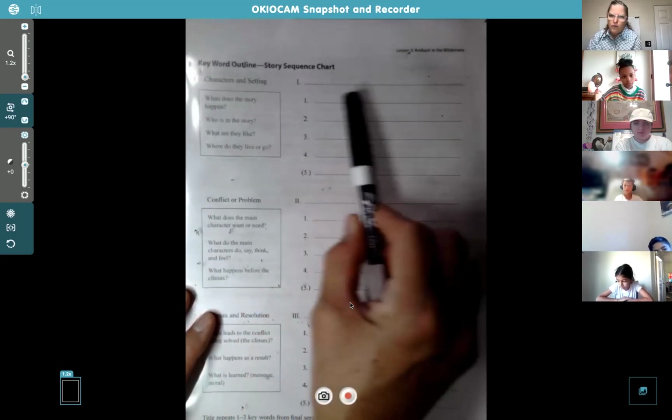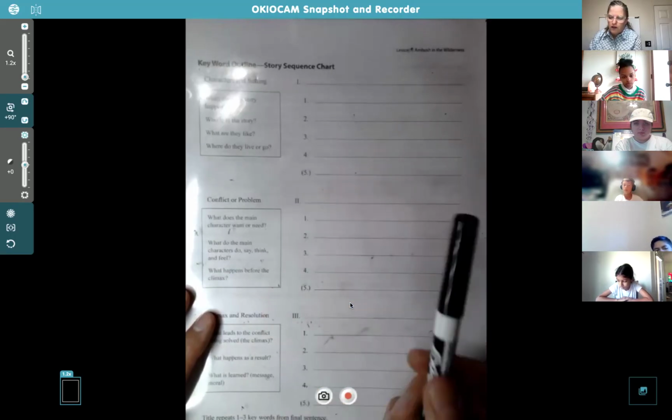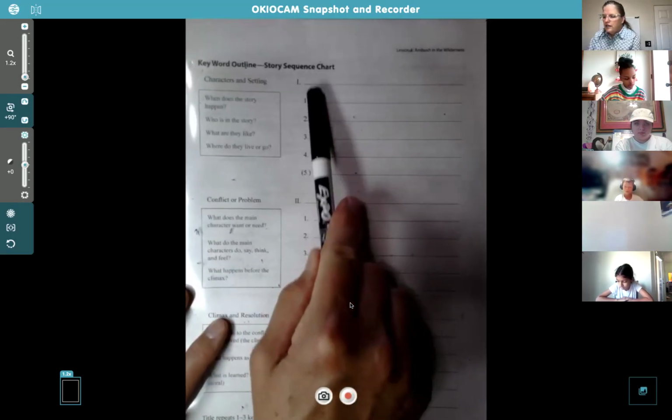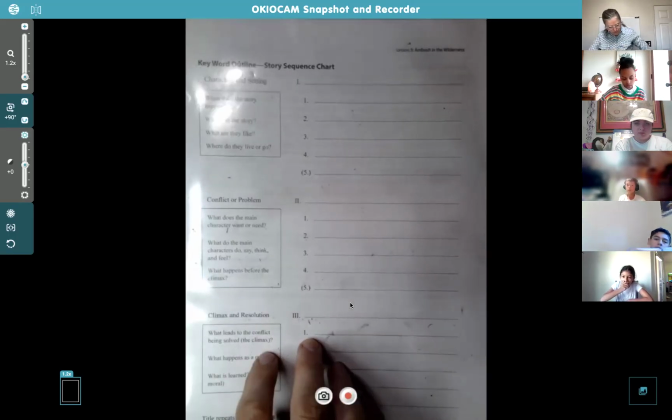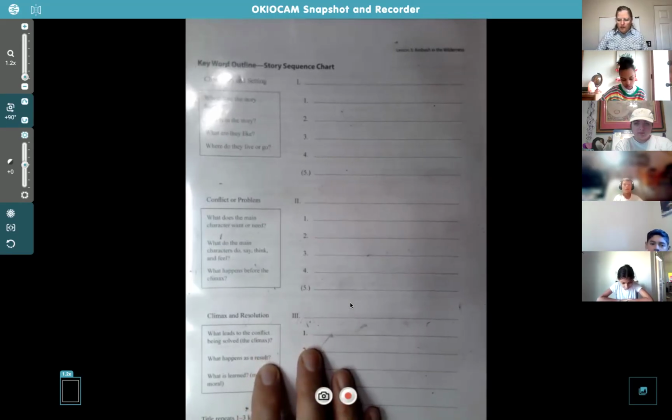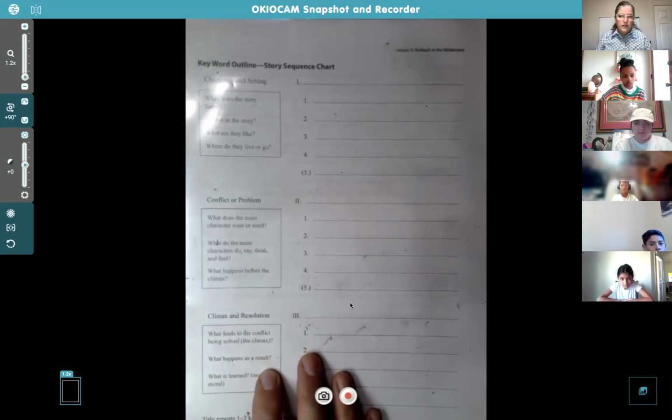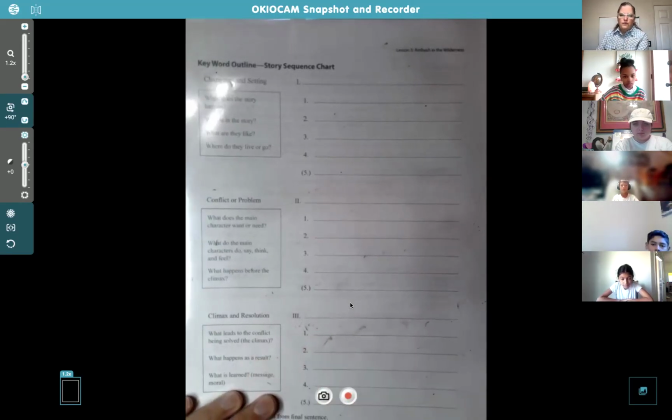And we need to start out by making that first paragraph about the characters and setting. You need 4, but 5 is optional. See the parentheses there. All right, and what I'm going to have you guys do is work ahead. We're going to kind of take turns sharing ideas on what to put on this story sequence chart.